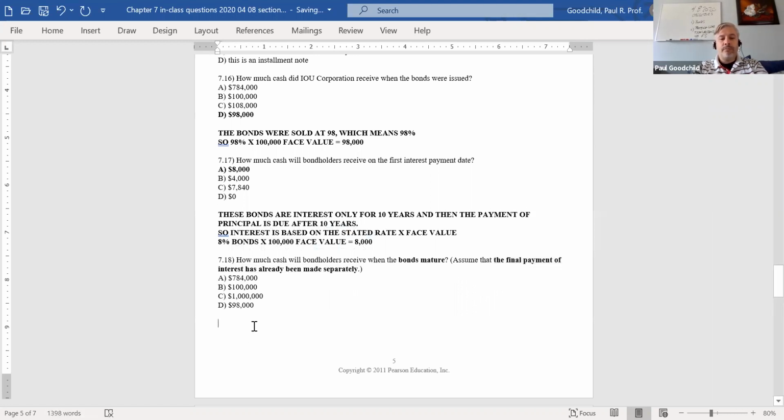So they are going to receive, at the end of the term of the bonds, the bondholders will receive the face value plus any interest due.